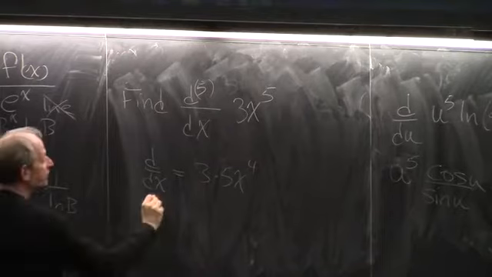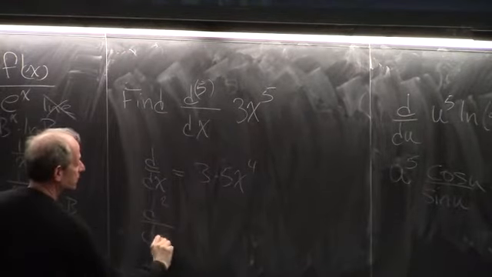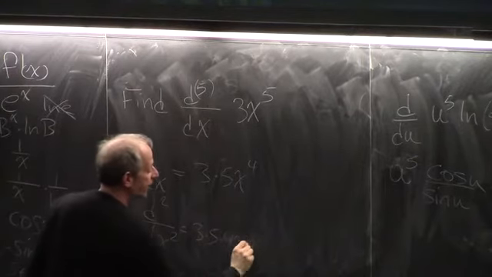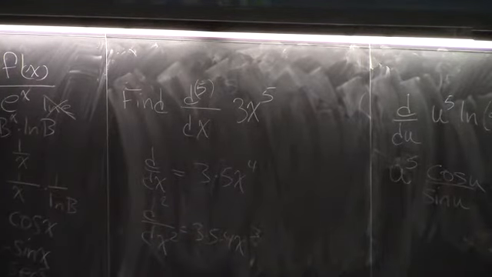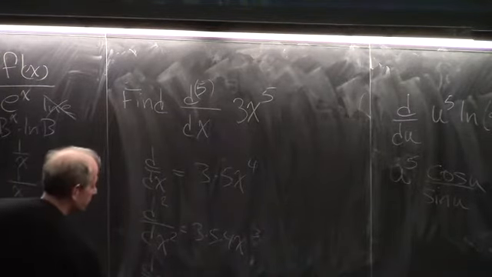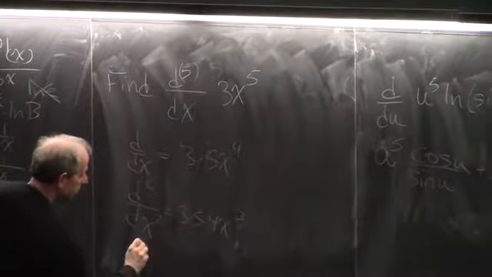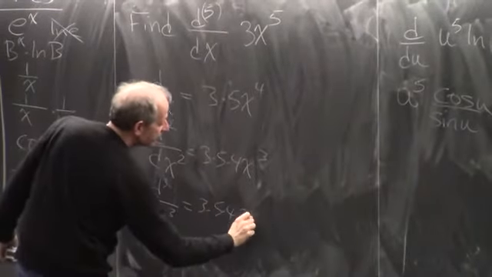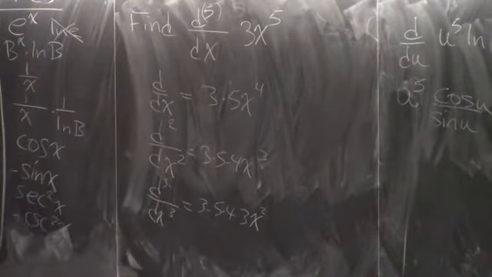The second derivative is 3 times 5 times 4x cubed. I'm writing it this way for a reason. The third derivative is 3 times 5 times 4 times 3 x squared. You should be seeing a pattern at this point.